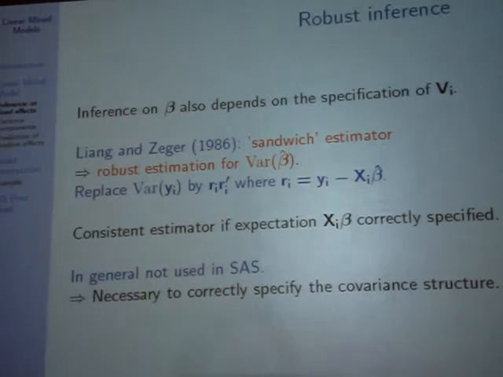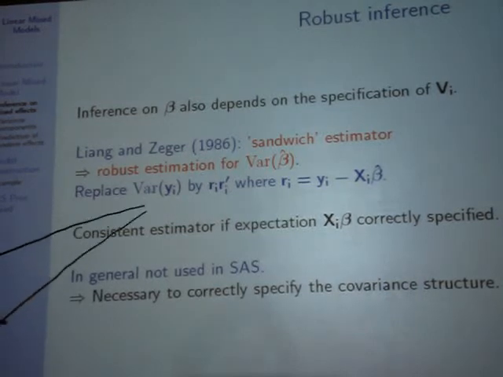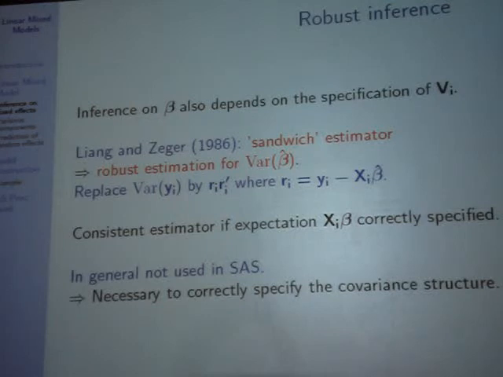This provides a consistent estimator of the variance covariance matrix if the expectation x i beta is correctly specified. But this sandwich estimator is in general not used in SAS, so it's necessary to correctly specify the covariance structure.